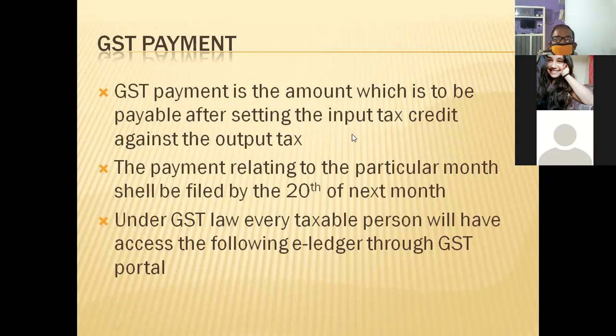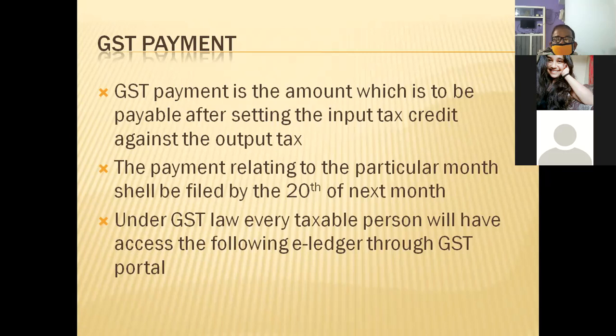Okay, so whatever tax you are making payment of, how do you identify how much tax you have to pay? From input tax subtract output tax, or from output tax subtract input tax. The amount you get is called the tax payment, and you have to pay the tax by the 20th of next month.